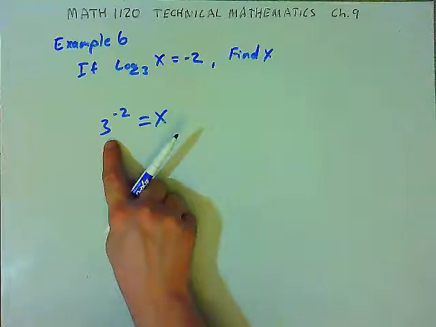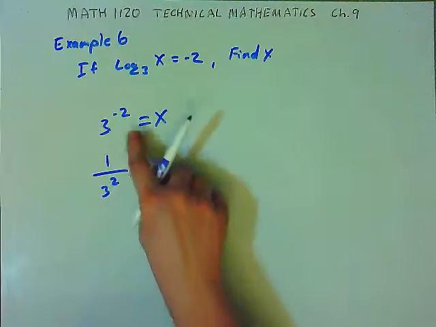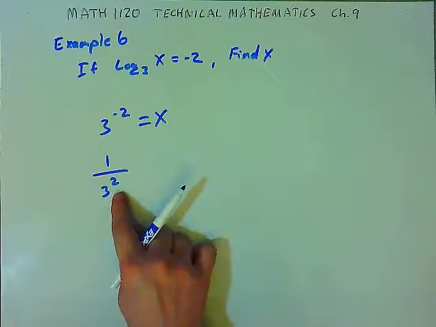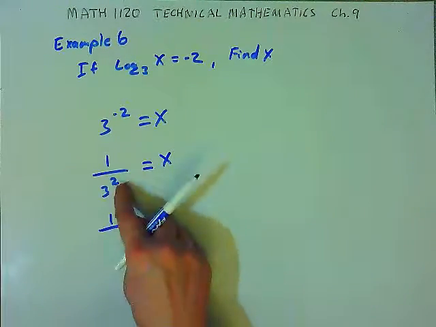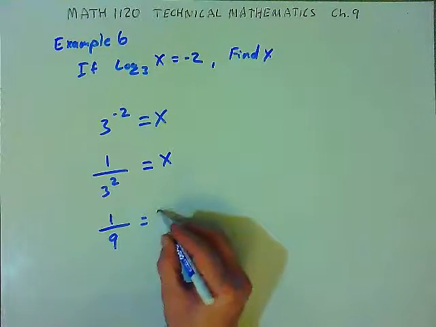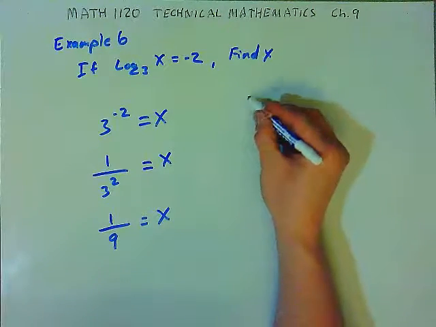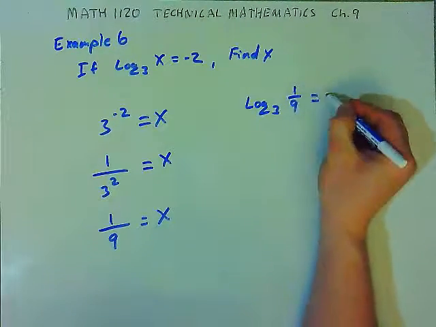When the exponent is negative, it's the same thing as 1 over 3 squared. So if we have a negative exponent, we can move it to the denominator and change the exponent to a positive. And so 3 squared is 9. x must be equal to 1/9. And so this is saying that the log base 3 of 1/9 is equal to negative 2.